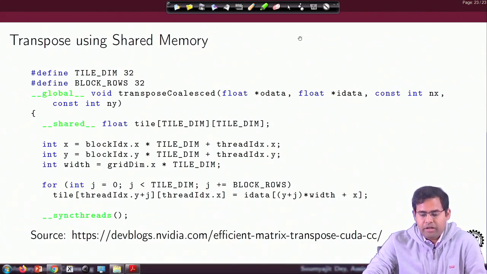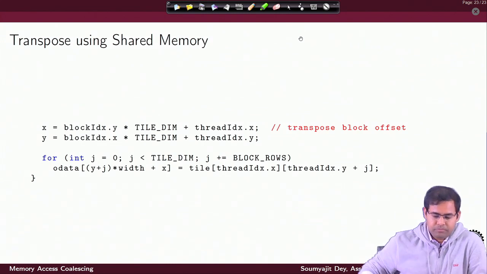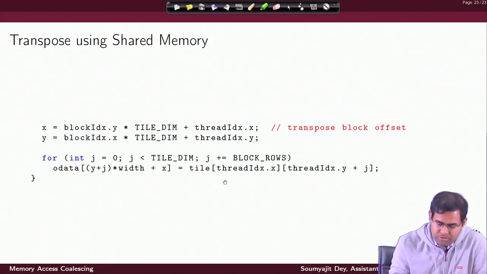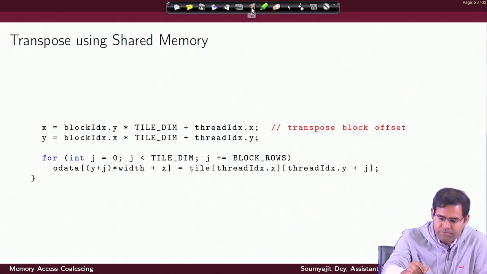Now, let us look at the next step that we do. Now, the thread has to figure out where it is going to write in the output matrix. So, again let us reproduce the previous figure.